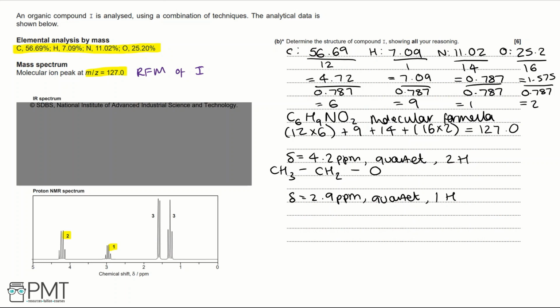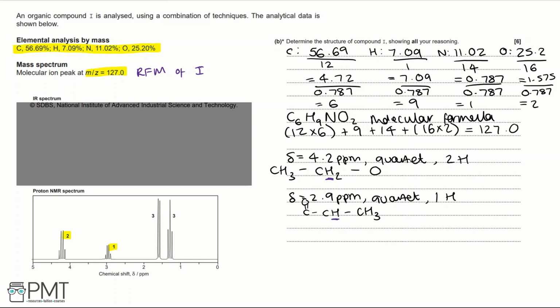So 2.9 ppm is when you have a carbon double bond oxygen connected to a carbon with a hydrogen. So that's the chemical shift value for this specific group, which you can find out on your data sheet. But we want a quartet splitting pattern, so we want this hydrogen in the middle connected to CH3, because for each of these peaks, the carbon in question we're looking at is the middle one.